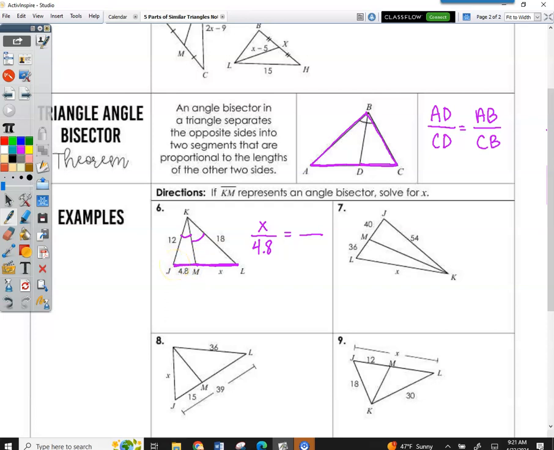Now, X takes me over here, so 18 goes to 12. Multiply by 12, and you can get 7.2. Look and see if you can get that. And then I'm going to show you something that you may like better.